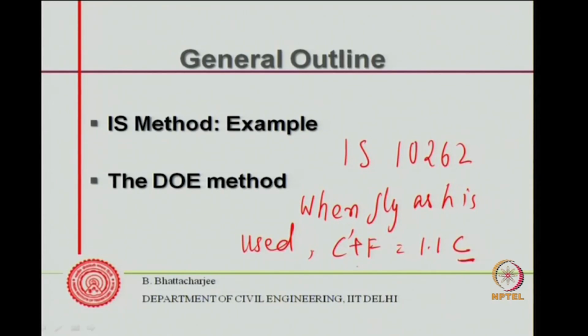If you are using fly ash, increase that cement content by 10%, and that must be the sum of the cement plus fly ash content.